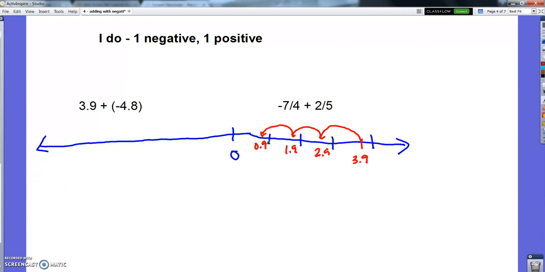And now this one gets a little weird, because if I don't think, I'm just like, oh yeah, 9/10, 9/10, 9/10, 9/10. So when I do my next one, I'd be like, oh, okay, that's a negative 9/10, but it isn't. If you pay close attention, when I do my fourth move, I'm not at a 9/10 anymore, because I had to cross 0.